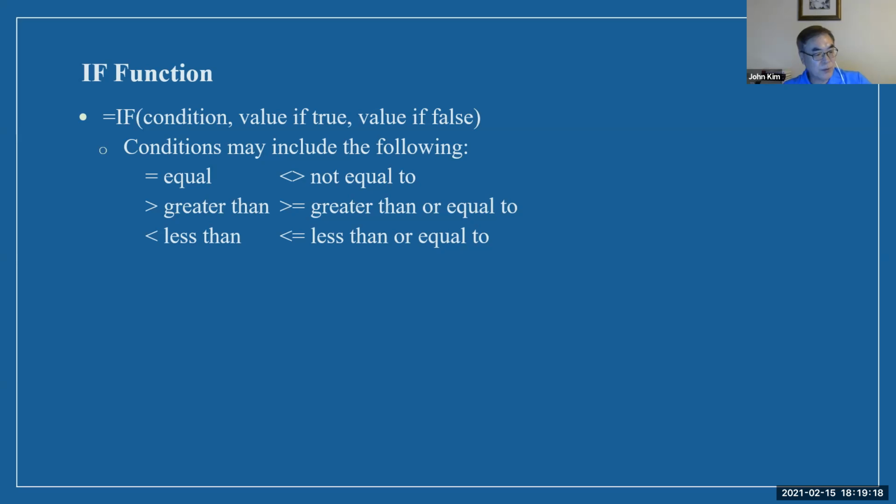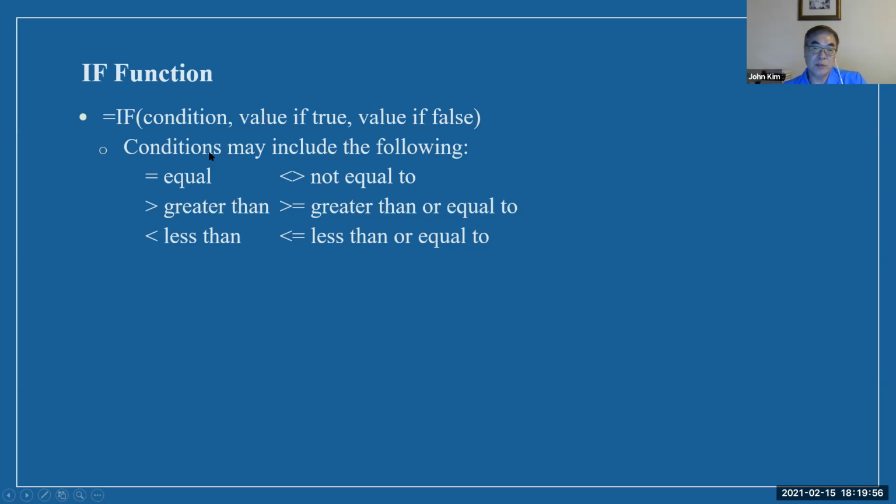Last week, I briefly told you about the IF function. When we use the IF function, after the equal sign, then IF, then in parentheses, the first argument is the condition. The second argument is what to show if that condition is true. And then the third argument is for when it is false.